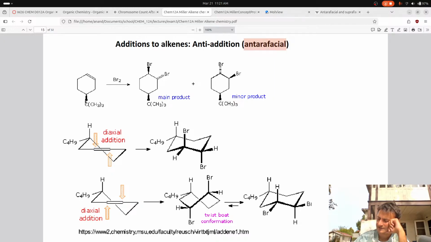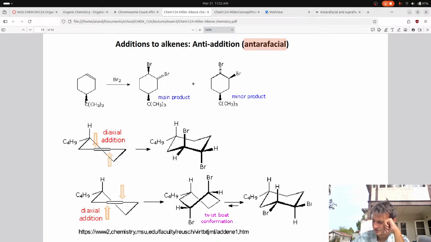And the ene attacks. So let's just say this is equatorial down. This is equatorial down.